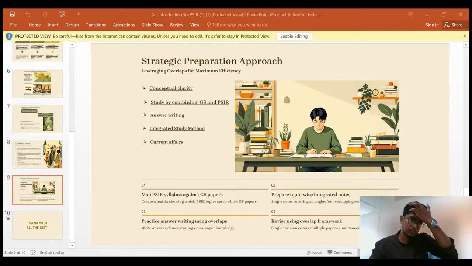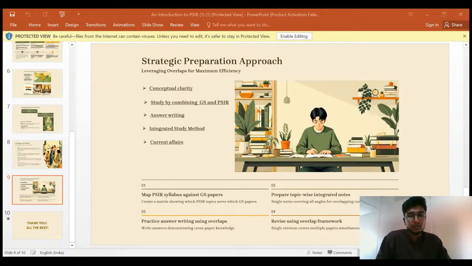Integrated study method is another step. Wherever the portion overlaps for the optional and GS paper, the integrated study method is important. When you study modern Indian history, you study Indian nationalism, the historical events, and the freedom struggle, which is very important.